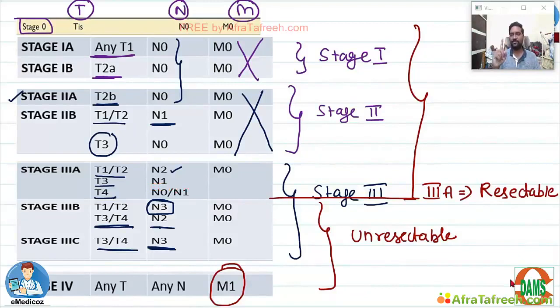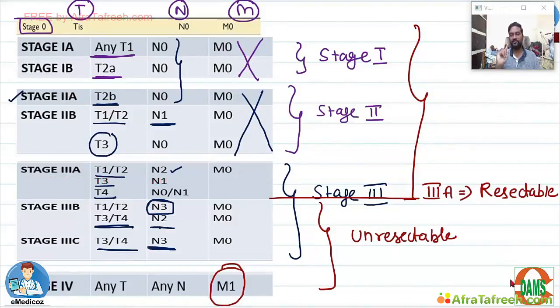So in stage 1, we have 1A and 1B. Any T1, N0, M0 is stage 1A, and 1B is T2A, N0, M0. Once the nodal involvement starts, it becomes stage 2. In stage 2, T2B N0 M0 is stage 2A. In 2B, T1 T2 N1.